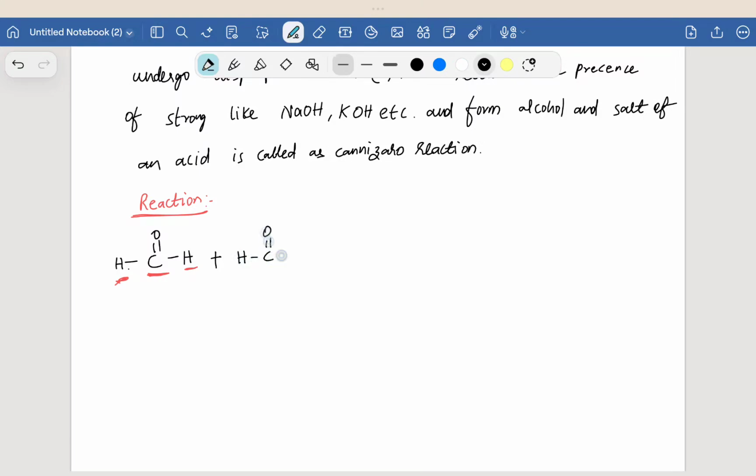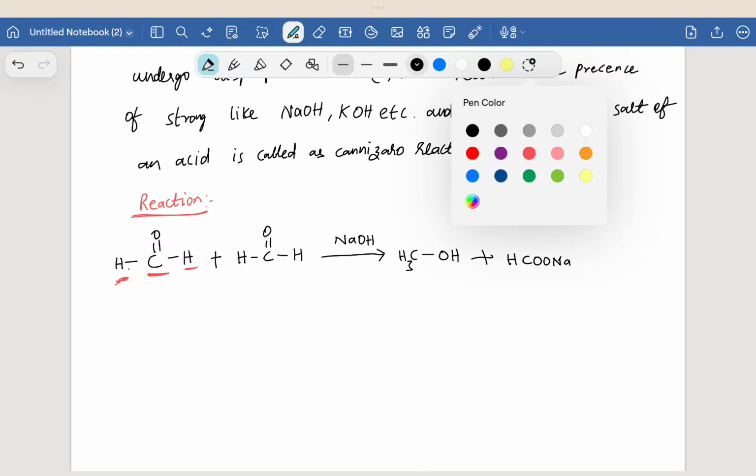HC double bond O, H. In the presence of a strong base like NaOH, it gives CH3OH plus HCOONa. So what is this?